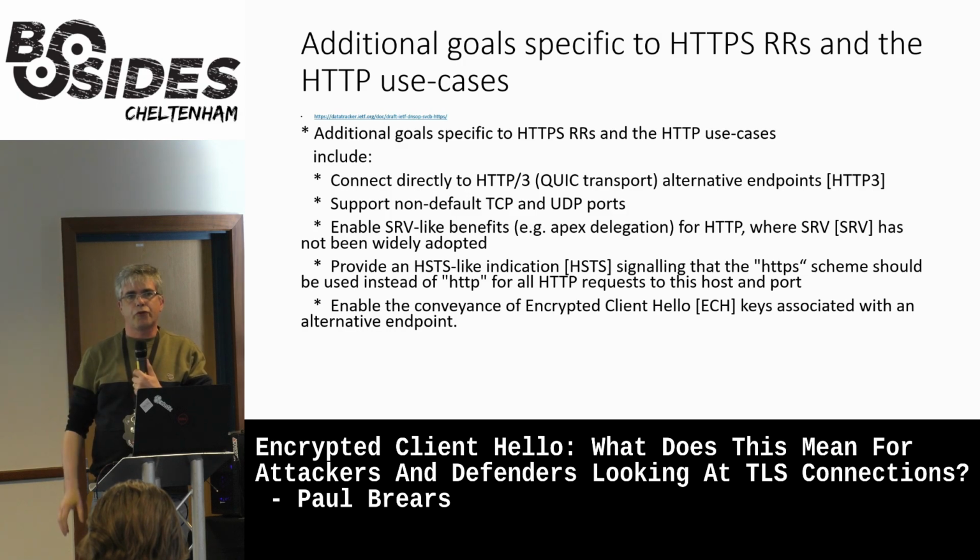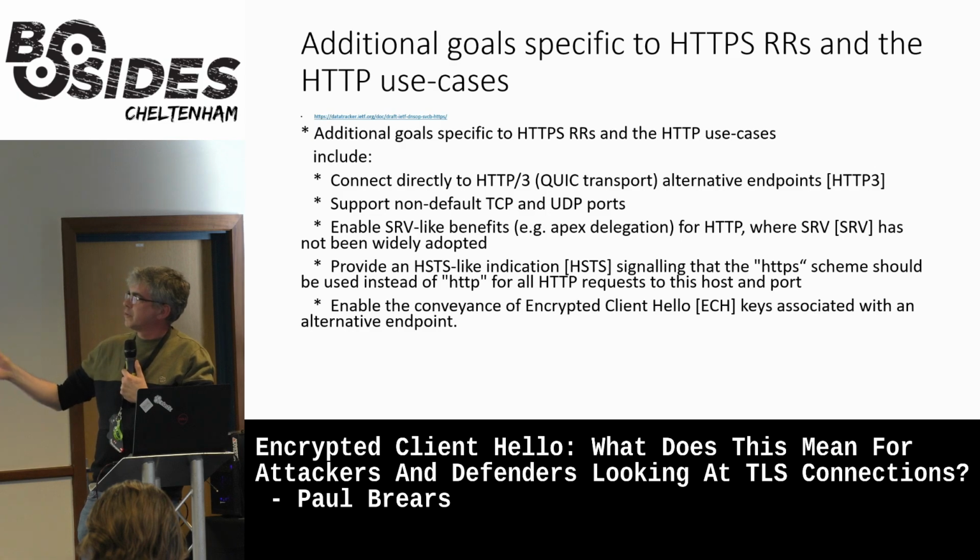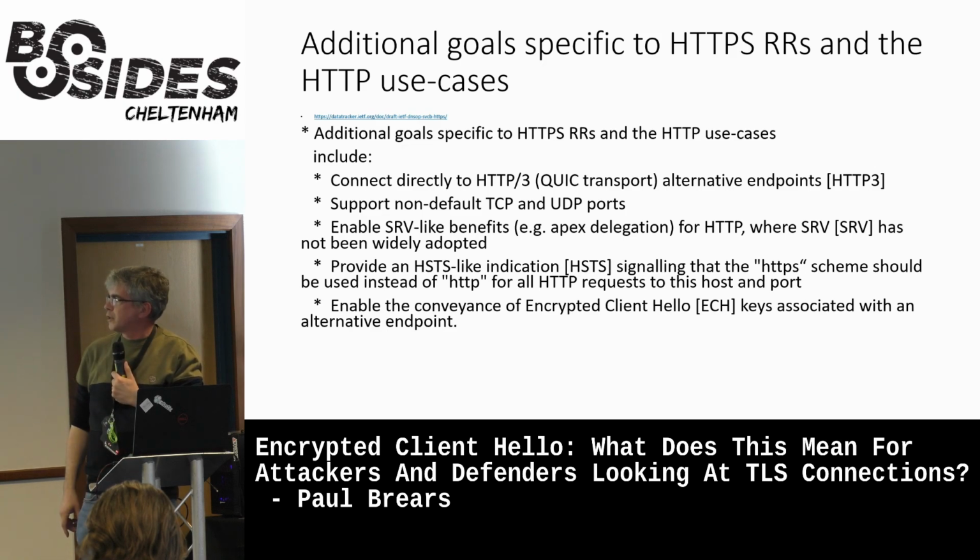We know the backend supports it. They've put the message out there to say that HTTP3 is available, or HTTP2, and also to allow you to specify that you're using non-default ports. And again, like the HSTS thing, allow you to say, I want to go straight to HTTPS.